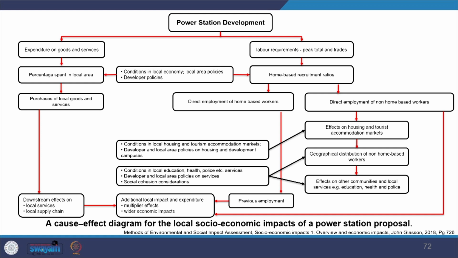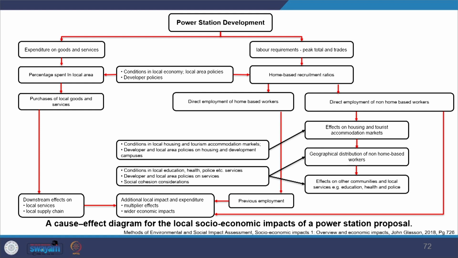With the example of power stations, you look at the arrows going to expenditure on goods and services, so that would lead to economic opportunity, percentage spent in the local area, purchases of local goods and services, and downstream effects on local services, local supply chain. So is it creating pressure or is it boosting the local economy? That you have to see.